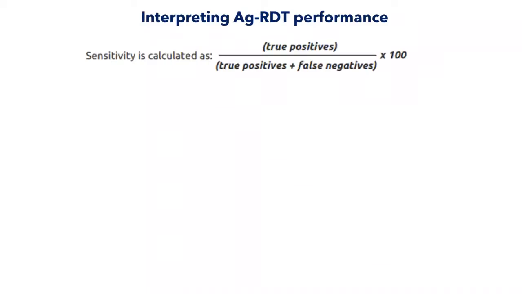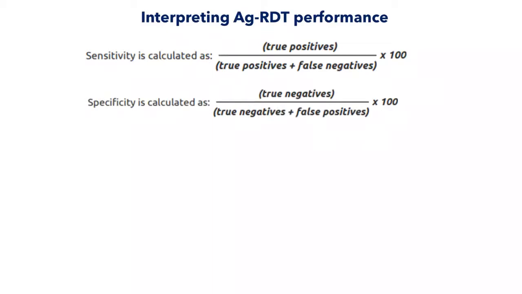Antigen rapid detection test performance is determined by the sensitivity and specificity of the test to detect SARS-CoV-2 infection compared to a PCR reference standard test. In journals, sensitivity and specificity describe the accuracy of a test. For SARS-CoV-2 rapid antigen detection tests, sensitivity is the percentage of positive cases by PCR tests that are also detected as positive by the antigen rapid detection test.